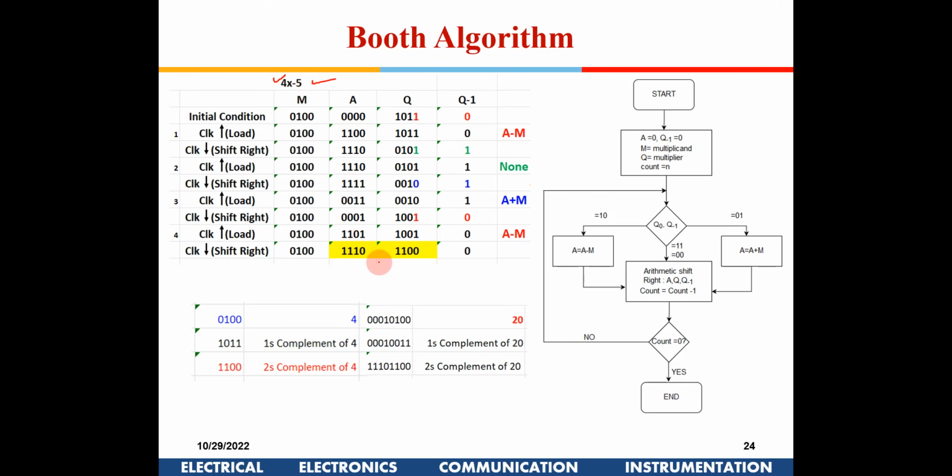Now the only thing is, see, these are 4-bit numbers which we are considering here. So what would be the maximum range in 2's complement? It will be from plus 7 to minus 8, isn't it? Because one bit gets reserved for the sign bit. So take any number within this range. Only then does this logic work.